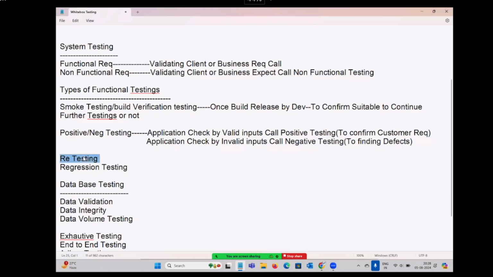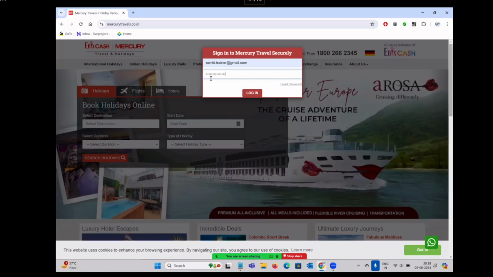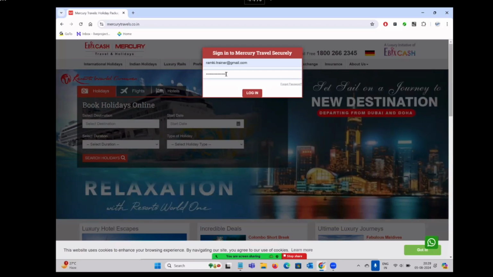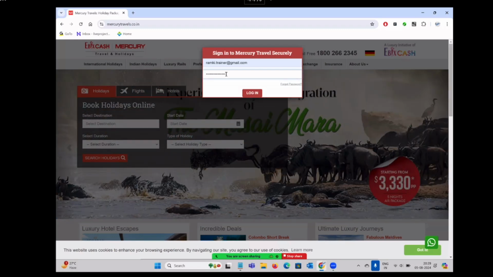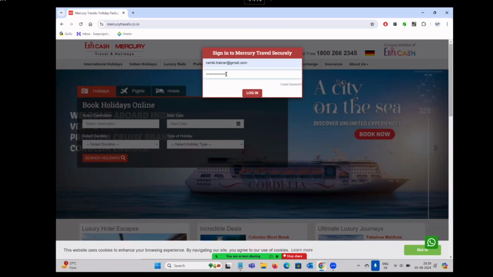Next, retesting and regression. Example I show you, same login, everyone. For example, login page, I am performing testing on that. Password not working. If password not working, I report to developer. Once I report to developer, then developer fixes the problem.